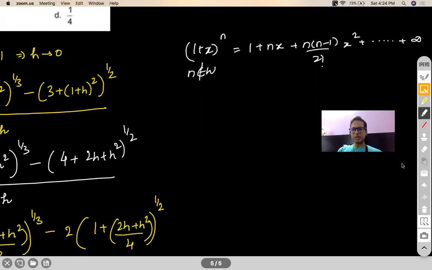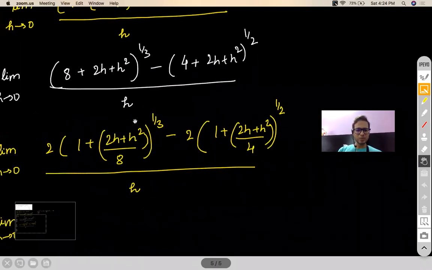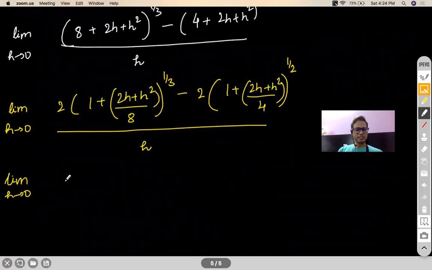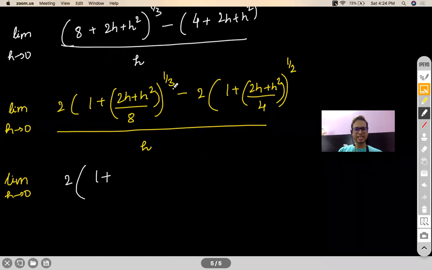Now this big guy, 2h plus h square by 8, is like my x. So let us use our binomial expansion. So 1 plus x to the power n, where n is 1/3 and x is this guy.